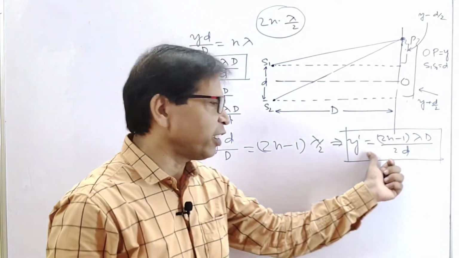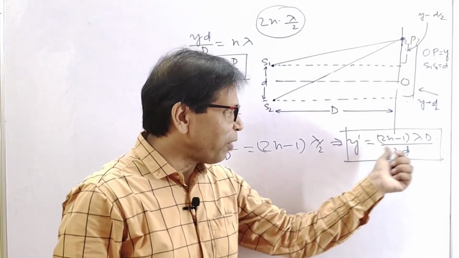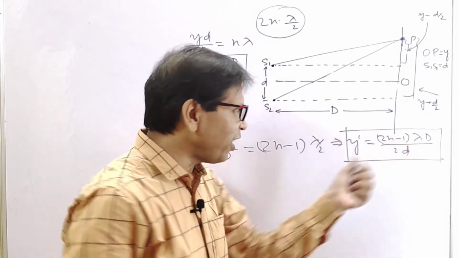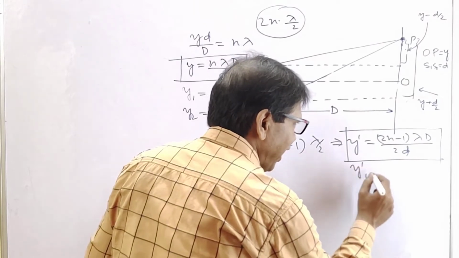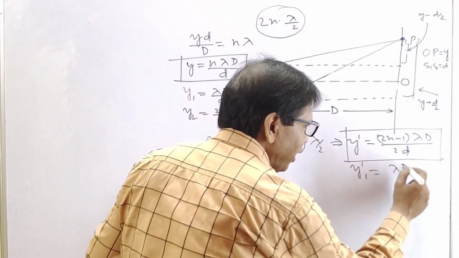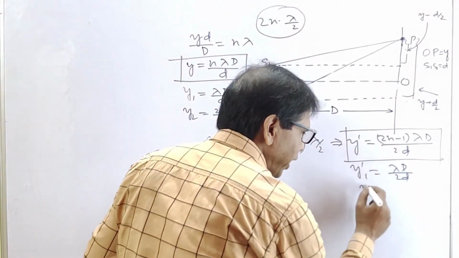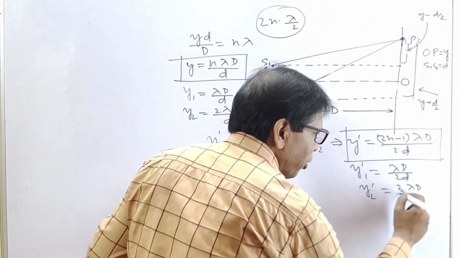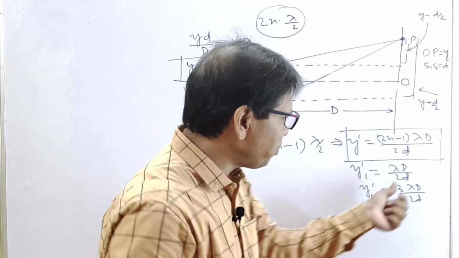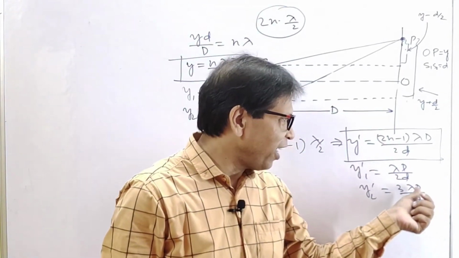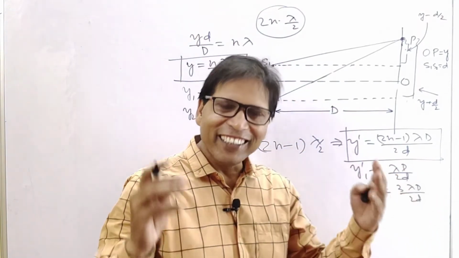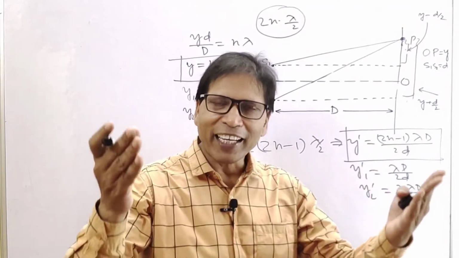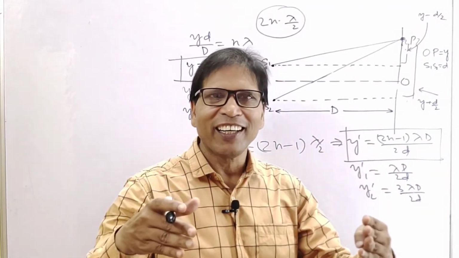Now from this condition, for the first minima n equals 1, so y1 dash is lambda D by 2d. For the second minima, y2 dash equals 3 lambda D by 2d. Now the distance between two consecutive minima is also lambda capital D by small d.